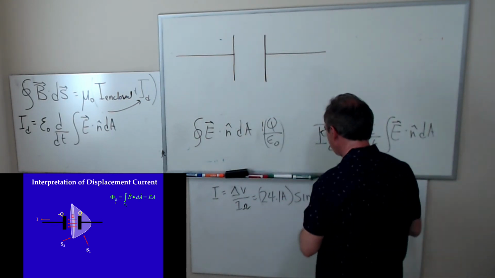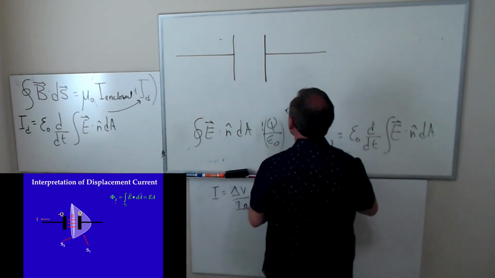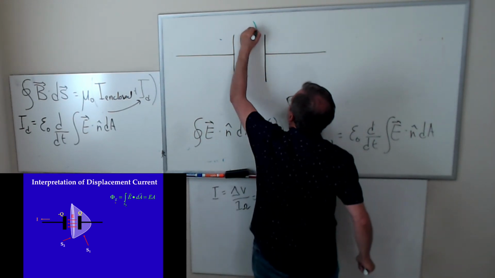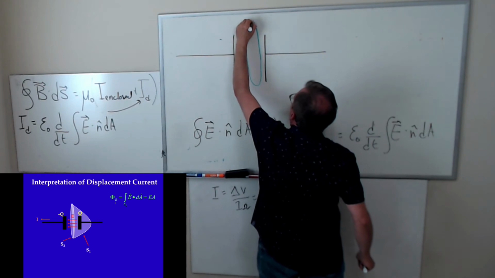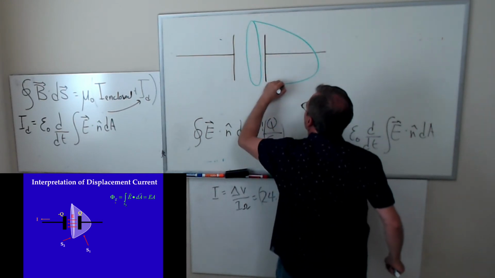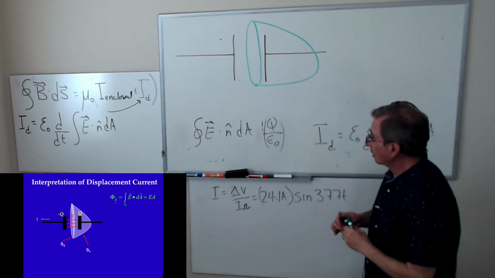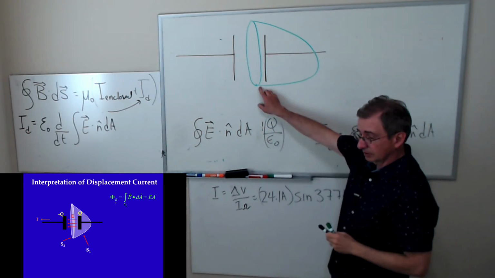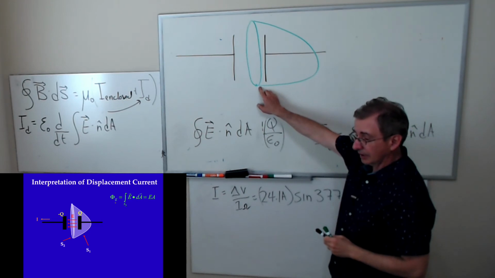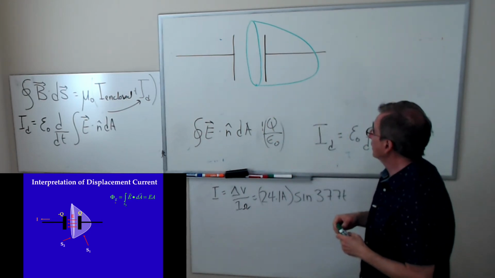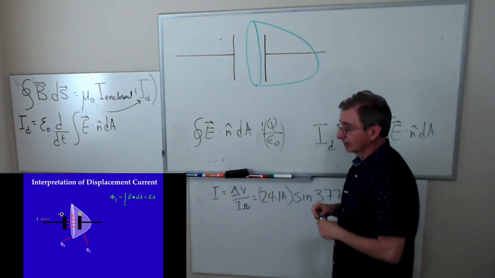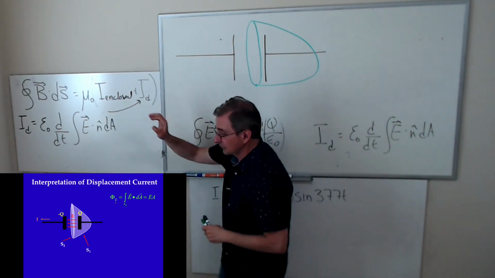I don't know why I changed everything around in the slide. What I want to do is look at S2 and calculate this for S2.